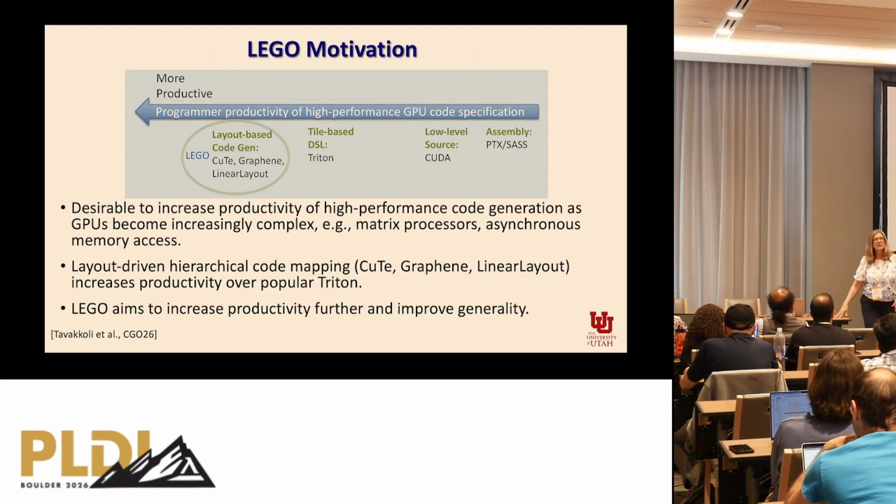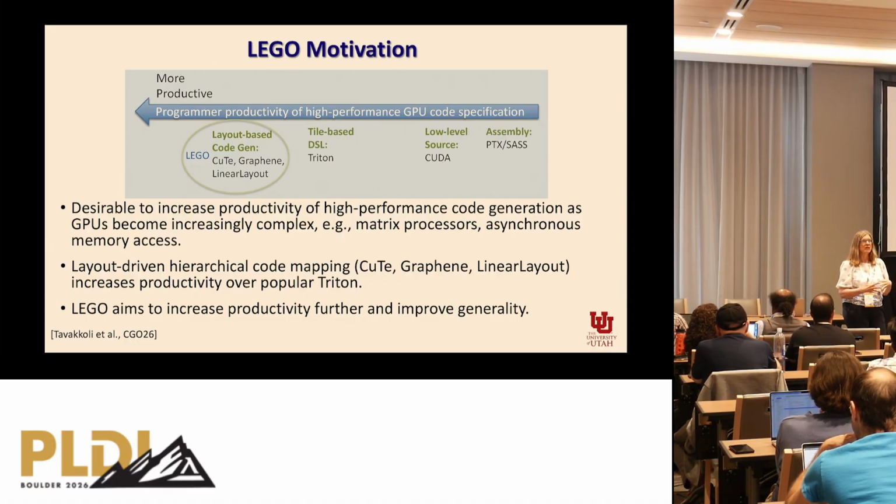Okay, so this is kind of the spectrum of how you generate code for tensor cores. You can write extremely low-level code or very low-level CUDA code. You can use Triton or other DSLs, and there you can elevate that by having a layout-based code description.